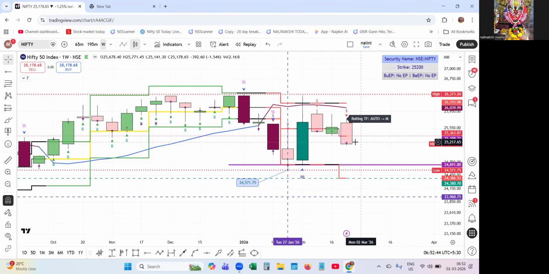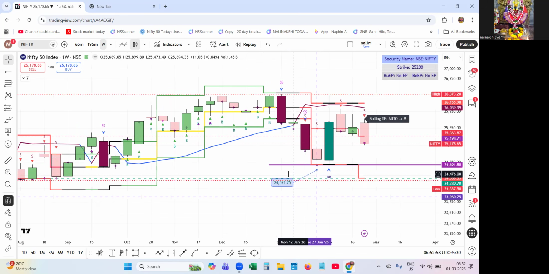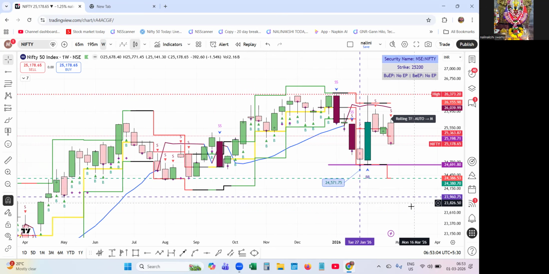So market can breach this low. There is possibility. Not at once, immediately it may not happen. This is the reference level, 24,571. If it starts breaching, more to come in the market.